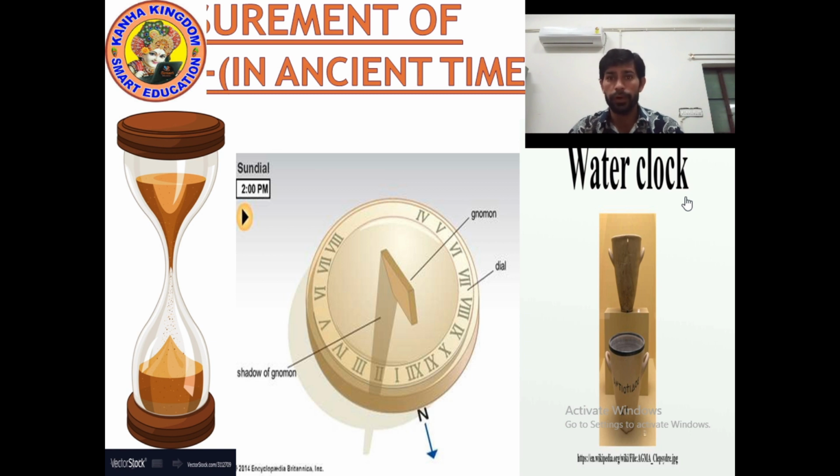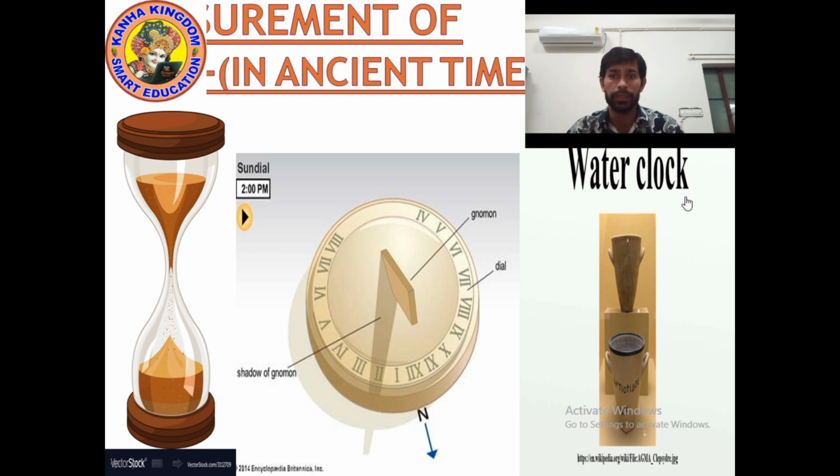Last, water clock, in which we used water. What happens is that from one vessel, the water falls down into another vessel through a very small pore. It also shows 1 hour.